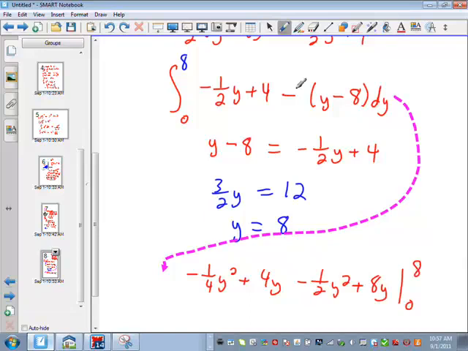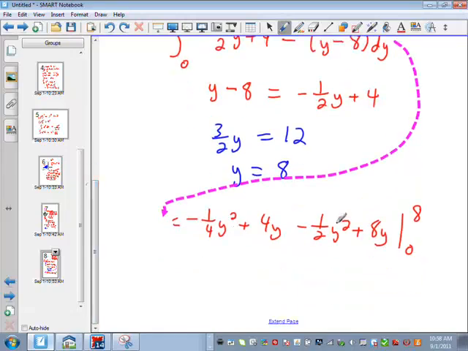That 8y is plus because I'm minus into minus. Just find the areas. Plug in 8, 0, and subtract. You plug in the 0, everything's gone.